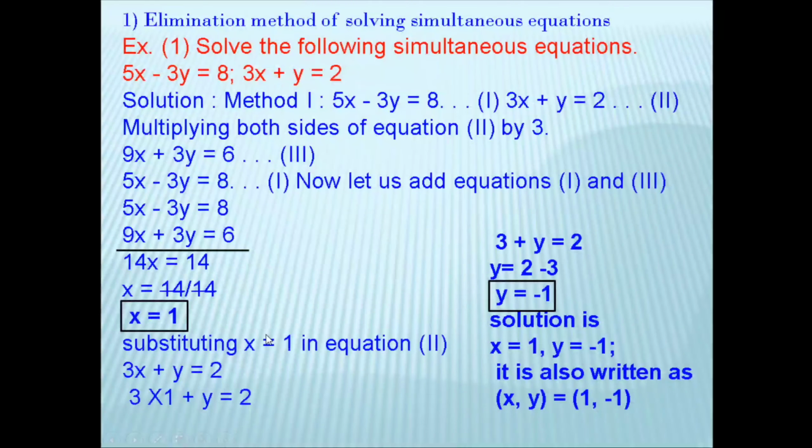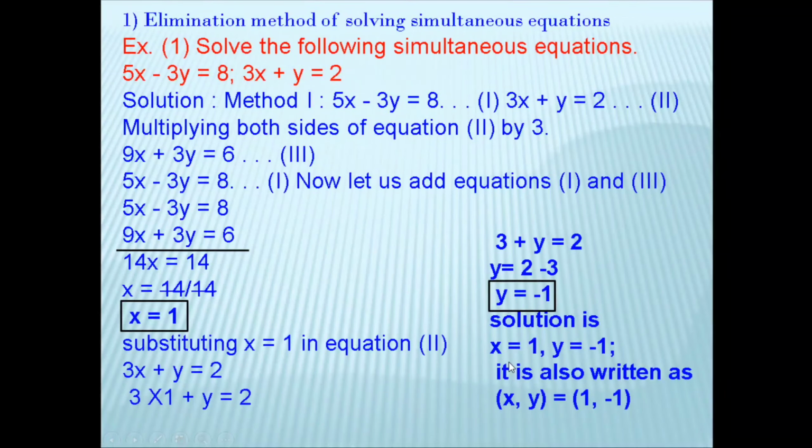Substituting x is equal to 1 in equation number 2. Equation number 2 is 3x plus y is equal to 2, and when you will multiply 3 into 1 plus y is equal to 2, then 3 into 1 is 3 plus y is equal to 2, and the value of y is equal to 2 minus 3, and 2 minus 3 is minus 1, so the value of y is equal to minus 1.